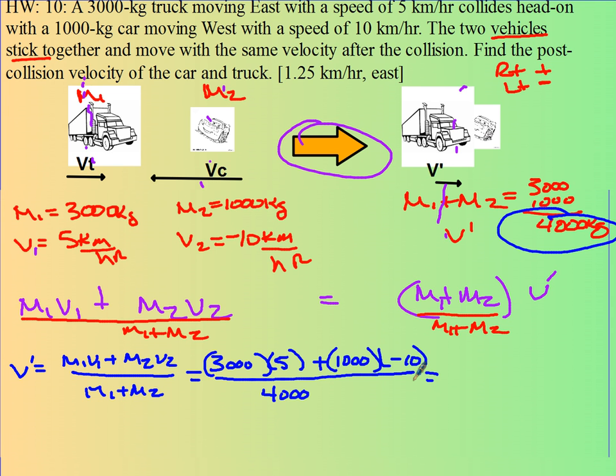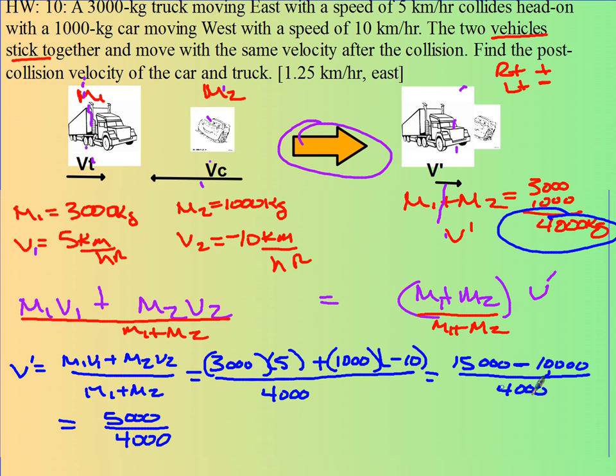Go ahead and multiply this out. 3,000 times 5 is 15,000. And this negative sign is going to come out front, so it's going to be minus 1,000 times 10 is 10,000. And this is going to be divided by 4,000. So let's see, 15,000 minus 10,000 is 5,000 divided by 4,000.